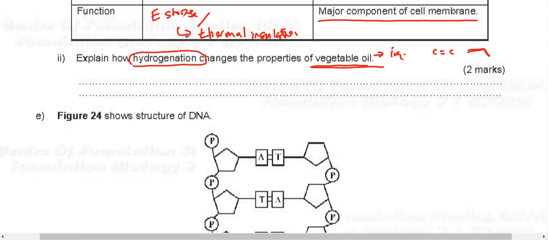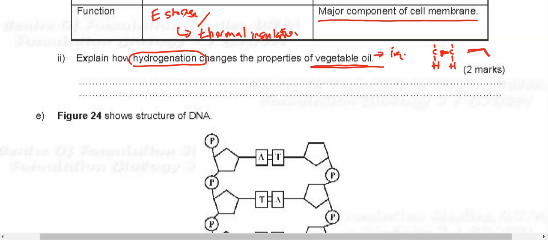Okay, hydrogenation. Where you have the double bond between the carbons, you break the double bond, so there's only one covalent bond between the carbons. Because you want to maximize the number of hydrogen atoms bonded to the carbons in the hydrocarbon chain.